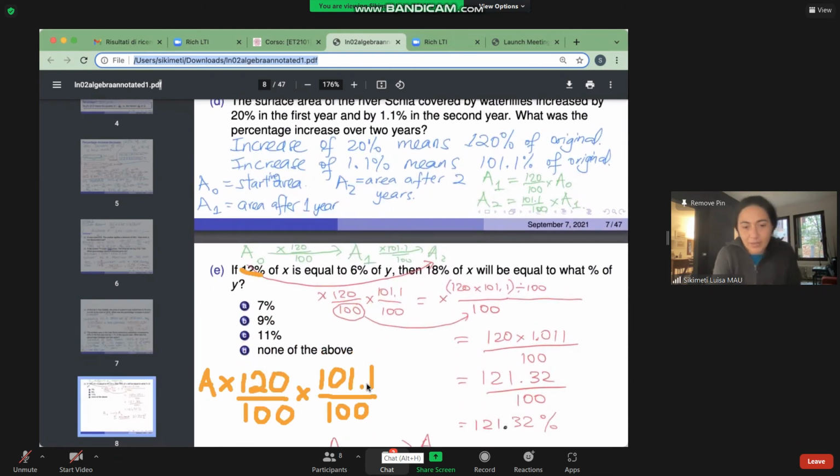So altogether, this is the same as, over here is where I worked out multiplying by 120 times 101.1 divided by 100 and divided by another 100, is equal to what as a percentage, right?